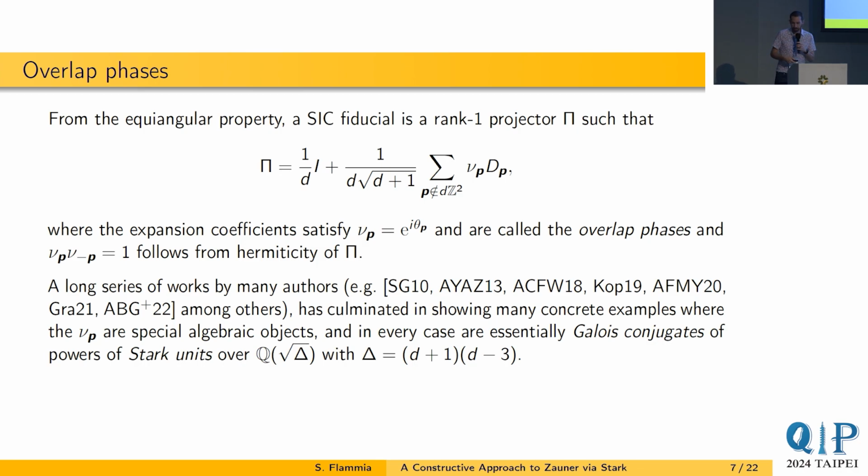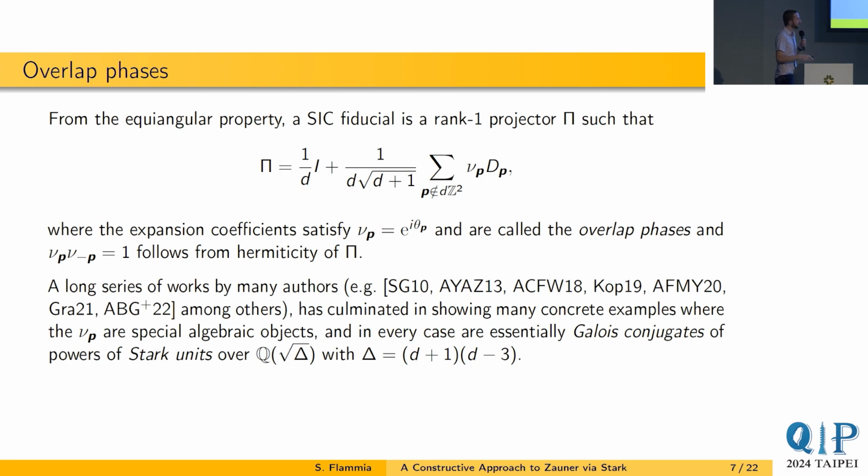Okay, so a long series of works that I don't have time to do justice to has culminated in showing, with lots of people having contributed, notably names like Scott, Grassl, Appleby, Kopp, and many others, after a lot of hard work and insights, that there are several concrete examples where these nu p's are certain special algebraic objects.